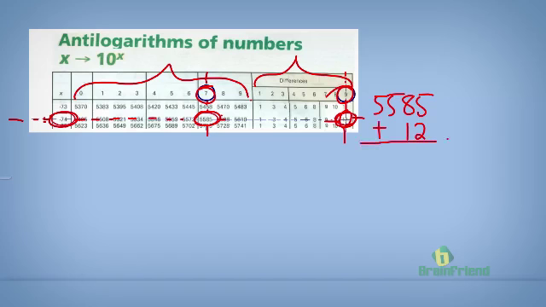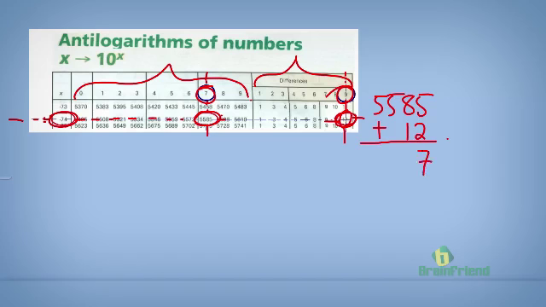It means therefore that our anti-logarithm would be the sum of 5585 and 12. And that would give us 5597. So we have our final number string as 5597.